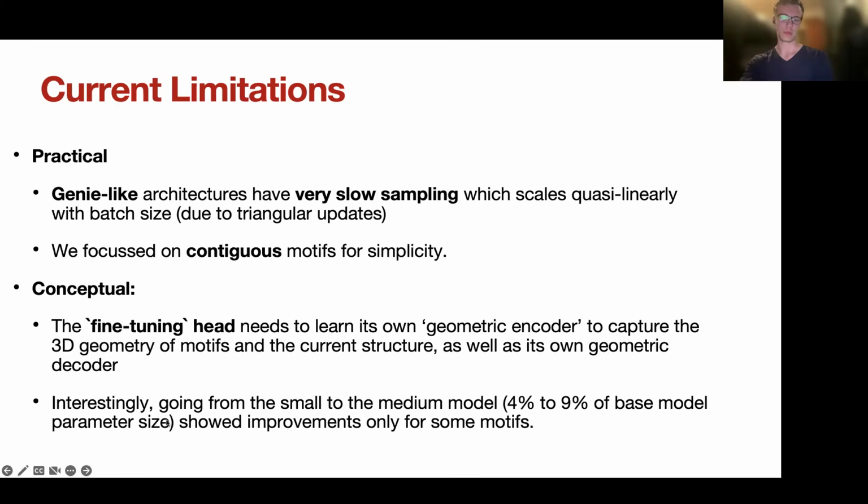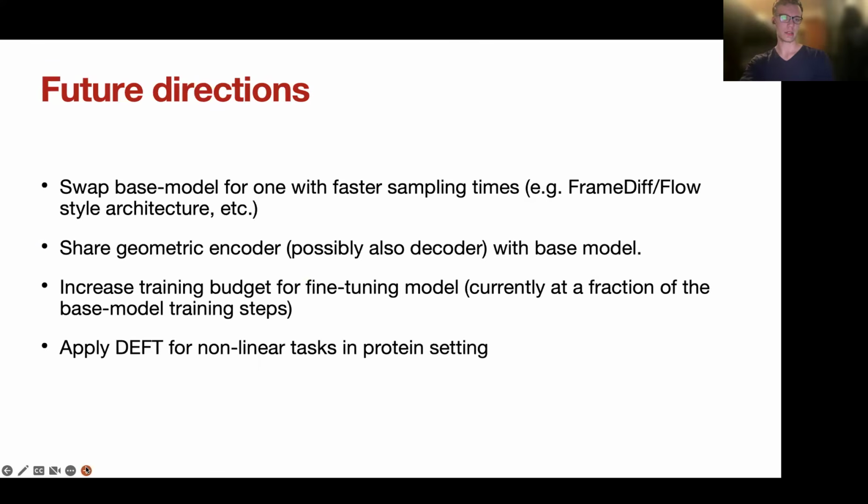Okay, next slide. So basically from that, a few future directions: you could swap the base model for faster sampling times to get this a bit more accelerated. Ideally, you're trying to share this encoder and decoder architecture. And as I said, you can increase the training budget for the fine-tuning model, not just the size, but just the steps.